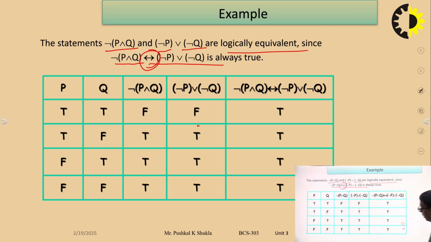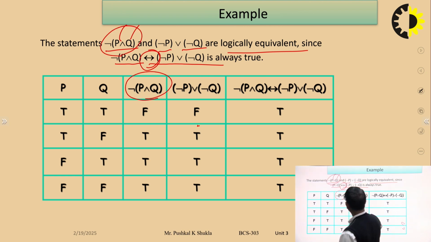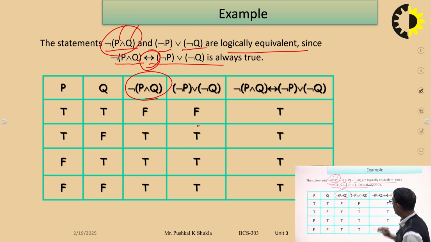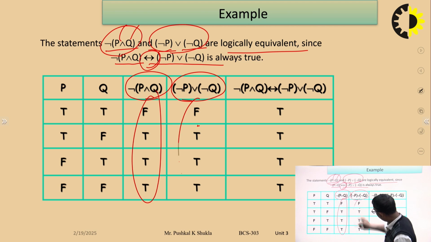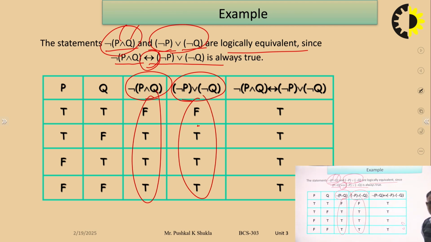Suppose P and Q are two propositions. By making the truth table for negation of P and Q, and again a truth table for negation P or negation Q, here we can see this and this have the same values. So we can conclude that these are logically equivalent.